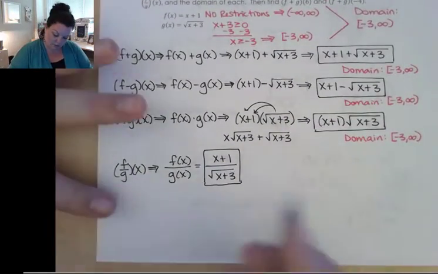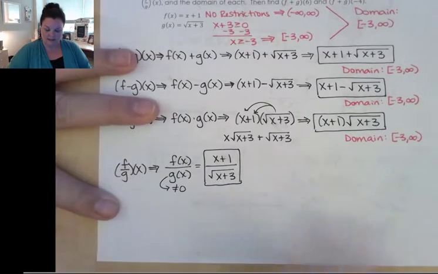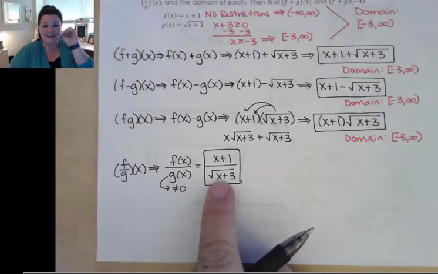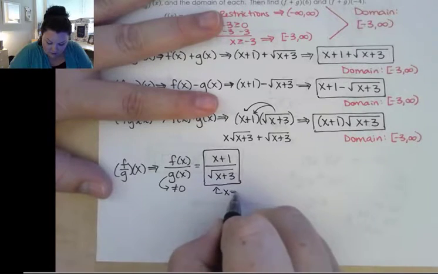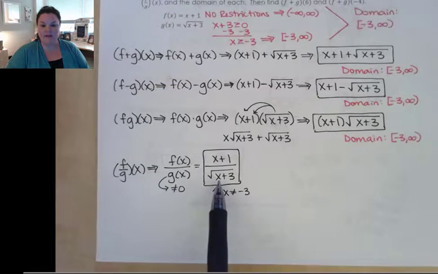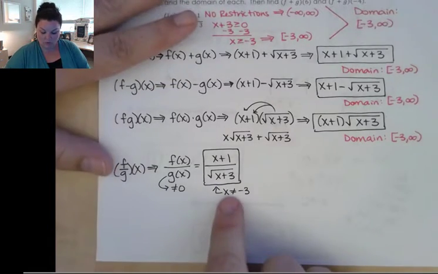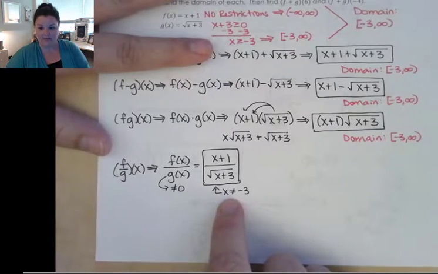So if we look at ours right here, that means this cannot equal 0, right? Same thing in here. What would cause this radical to end up being a 0? What would cause it to be 0 is if this x right here was a -3, right? If I plugged a -3 in here, that would make the whole denominator 0. So the only added restriction that we have there is that x cannot equal -3.